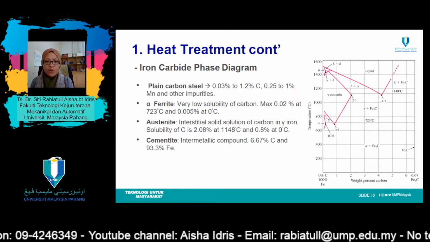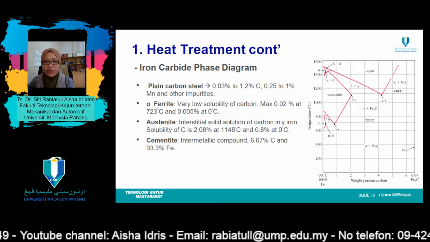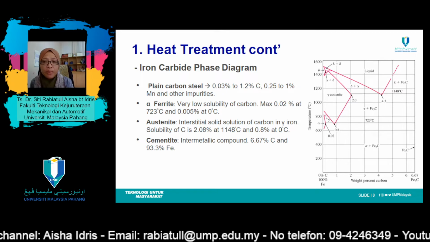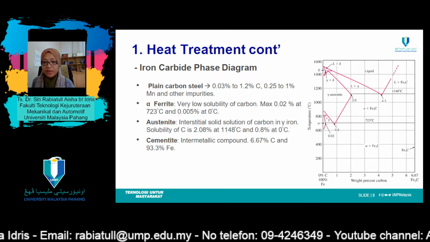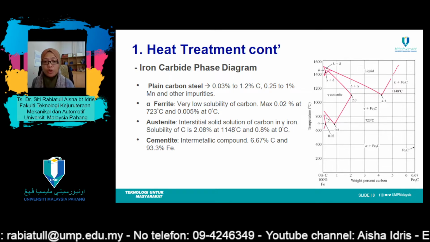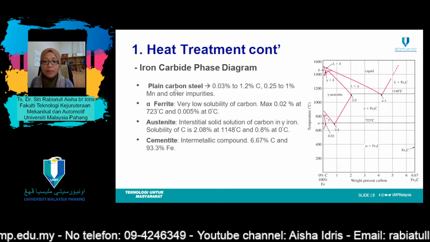Before we proceed with this topic on heat treatment, these are the terminologies that you should remember and understand. By right, in the previous lecture, this terminology was already explained to you, like what is plain carbon steel.